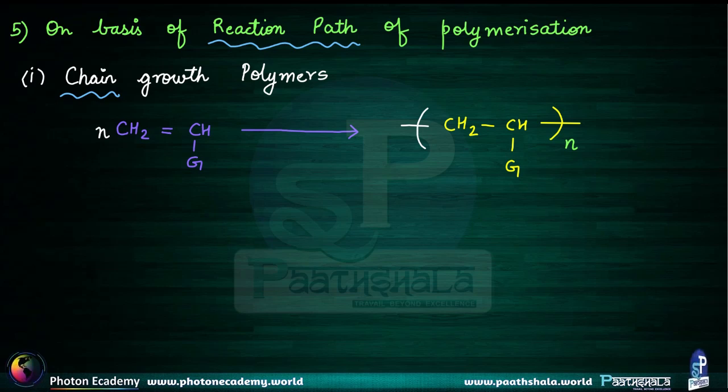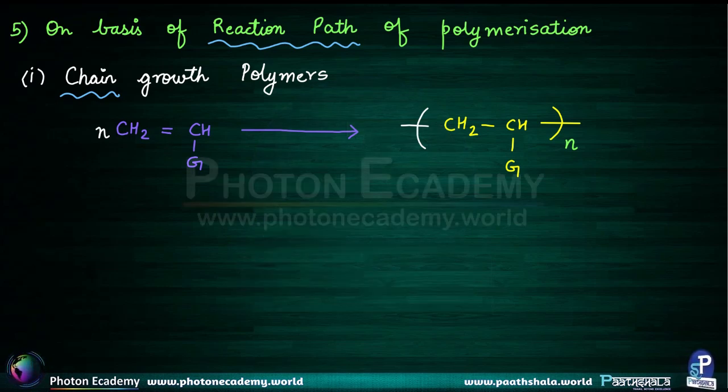Now this polymerization can be done in three ways, or taking three intermediates. The first way that we'll be dealing with is free radicals. So free radical polymerization.